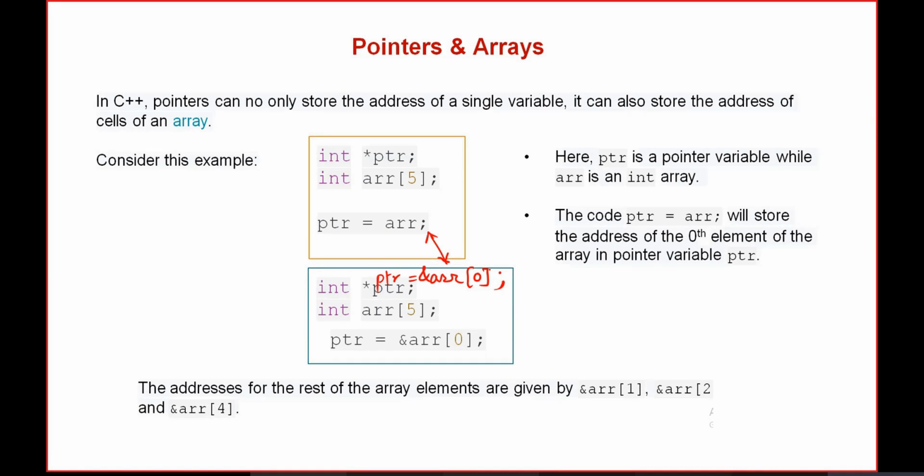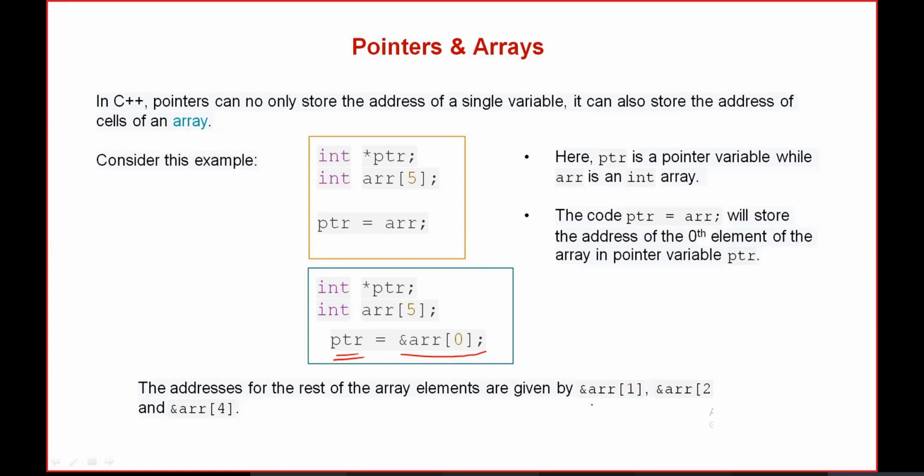So the same thing is given over here. If we try to assign ptr with the address of 0th element of the array, then also we are going to get the same result in ptr. So addresses for the rest of array elements, we can access them simply by mentioning the index, changing the index.